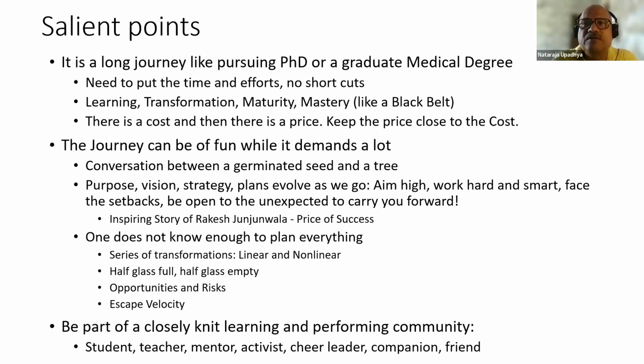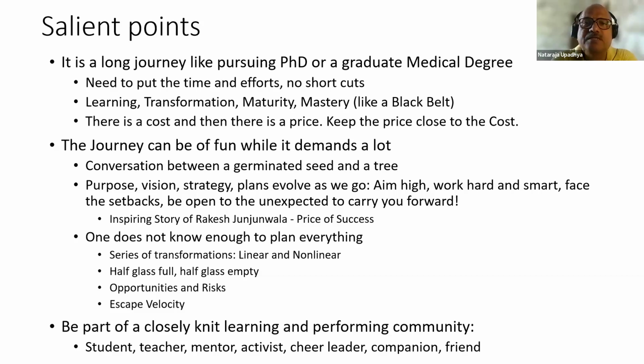Similarly, in the stock market, we need that level of learning and expertise to make money. Typically, someone practicing medicine without a qualified degree is called a quack, and that can be dangerous to patients, and patients can get killed. Similarly, in the stock market, if we behave like a quack, instead of making money, we will be losing money.